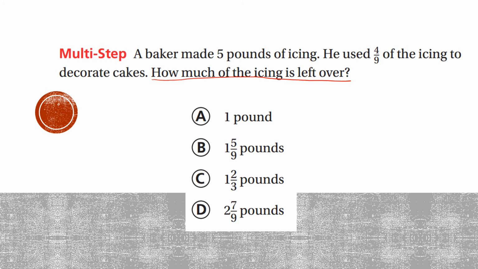So let's find out what 4/9 of 5 pounds is. That's 20 over 9, which gives me 2 whole and 2/9 left over.